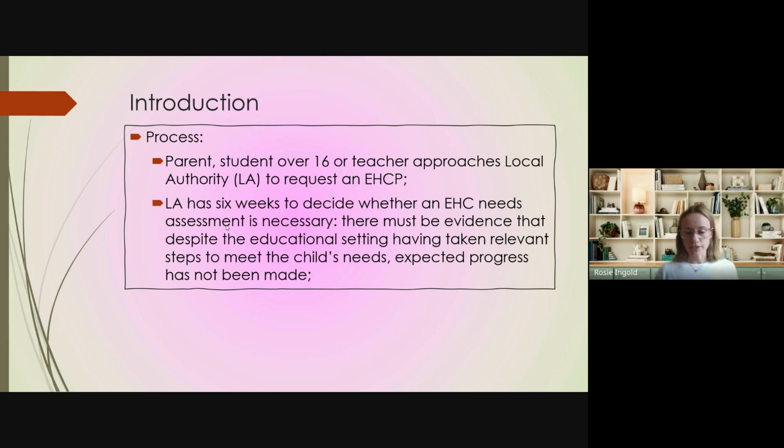And there has to be evidence that despite the child or young person's current educational setting having taken some relevant steps to meet their needs, they're not making their expected progress. So it's really providing that evidence that regardless of what the school or the alternative provision is trying to provide, that is not providing enough, and it's not able to meet the needs.